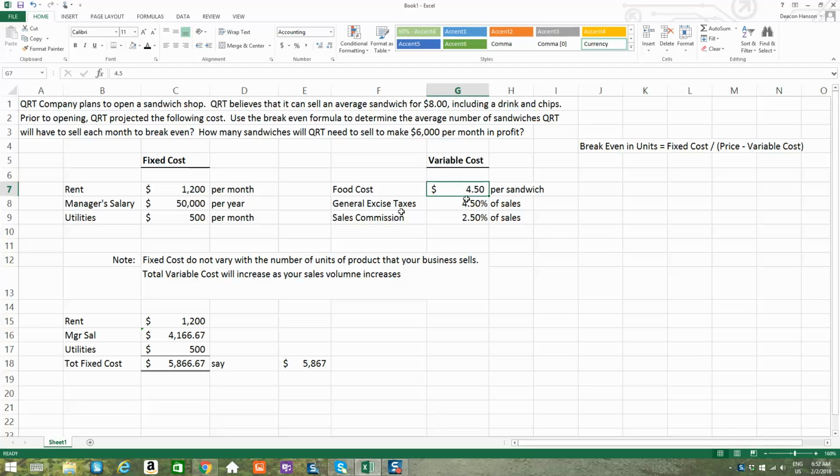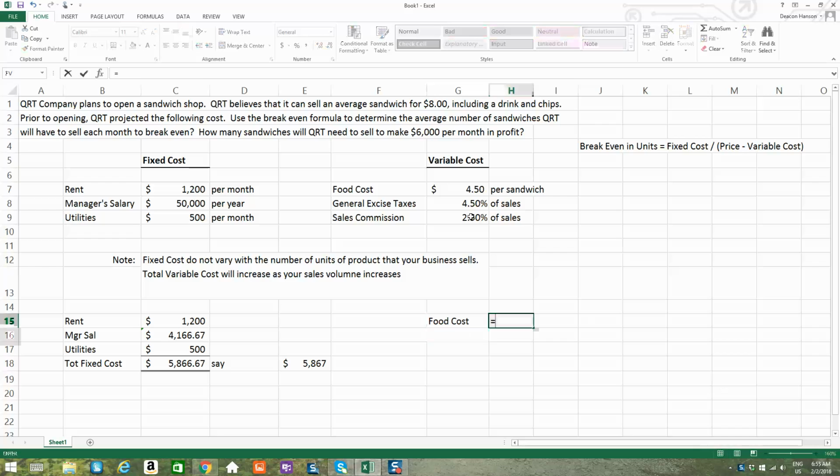Okay, so what I'll do is I'll say over here food cost, okay, and that'll be $4.50, okay, and then my general excise tax, GET, will equal 4.5% times $8, because we're planning to sell the sandwich for $8.